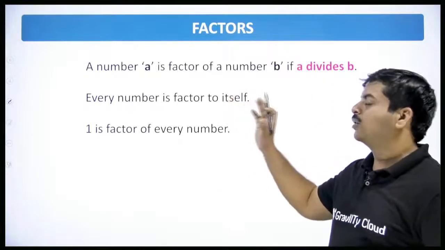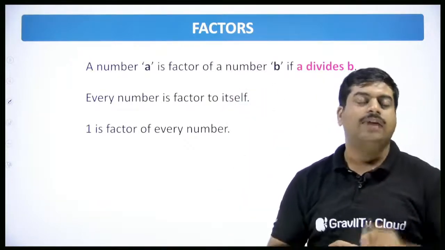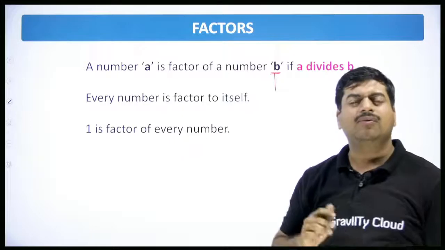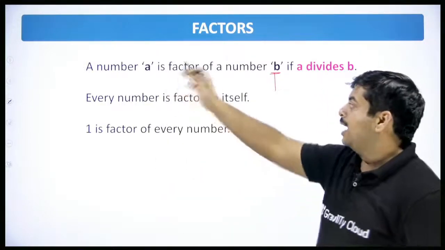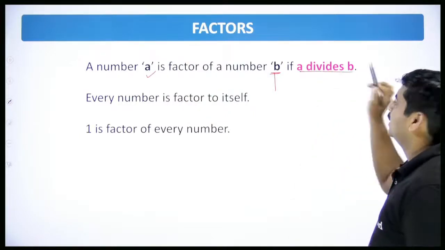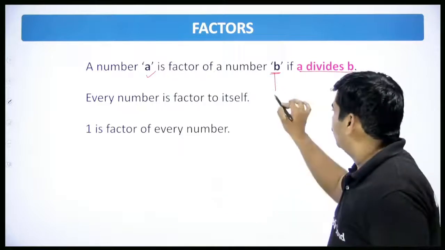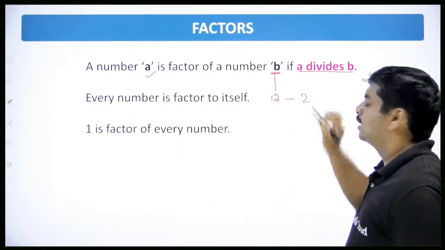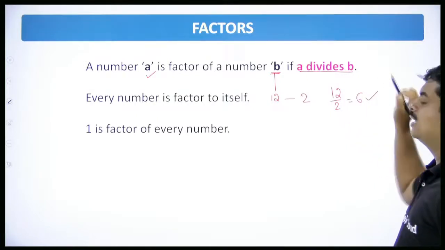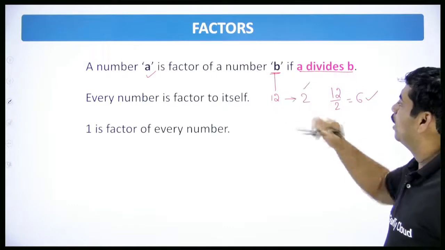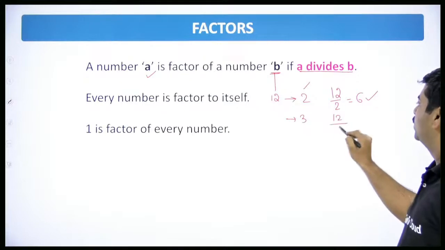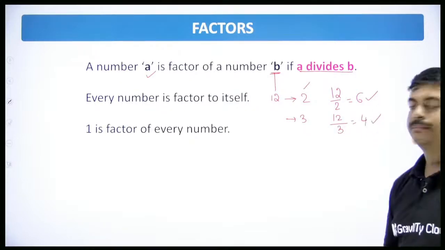A number A is a factor of the number B if A divides B. For the number 12, if I say 2 is a factor, I know 12 divided by 2 is 6, so it divides. Even 3 is a factor because 12 by 3 is 4.